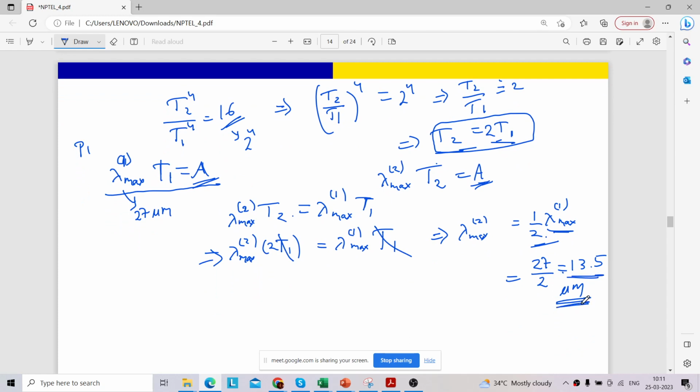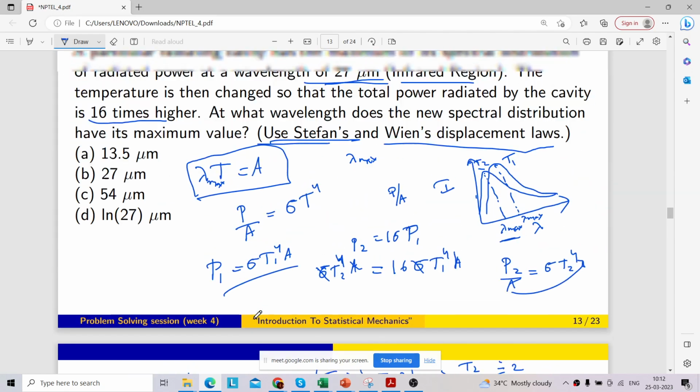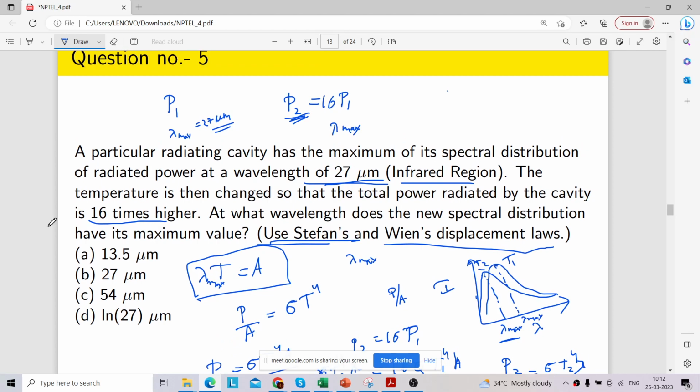Right. Any questions till now? Yes or no? So the final lambda at which the intensity will peak is 13.5 micrometer. Okay, so the answer is A.